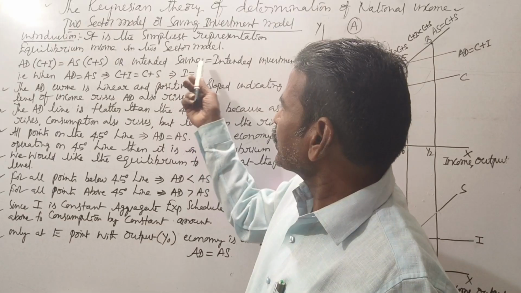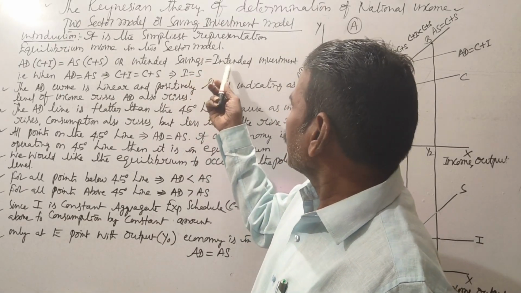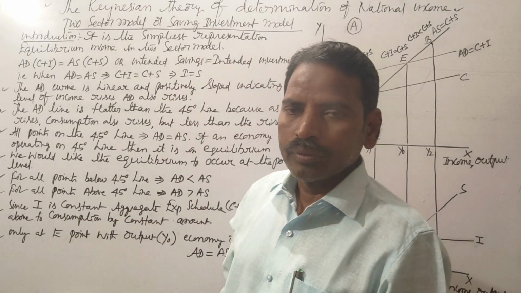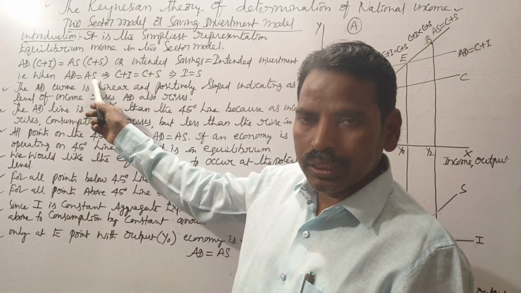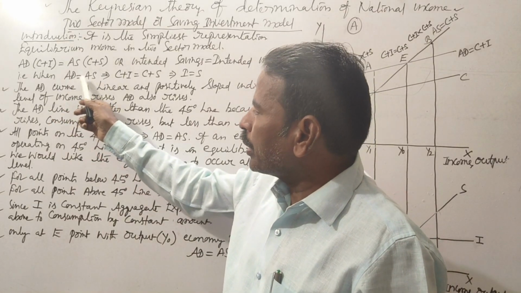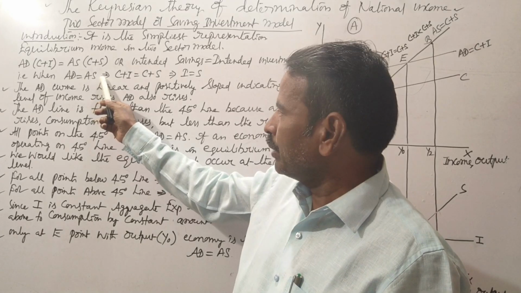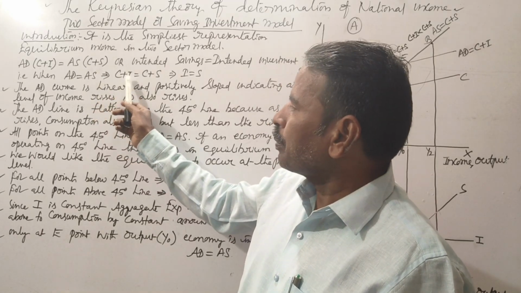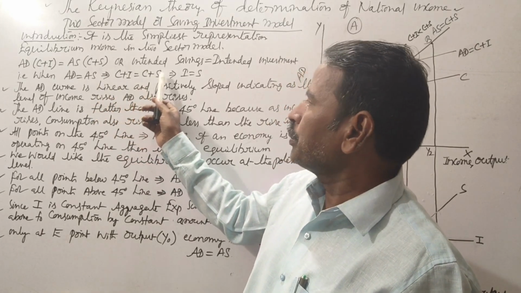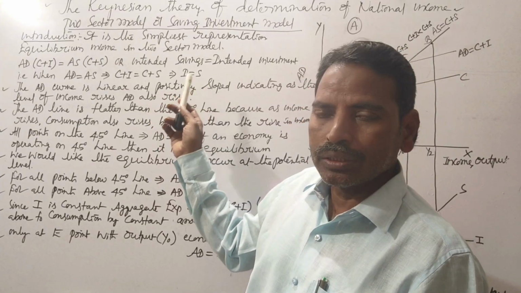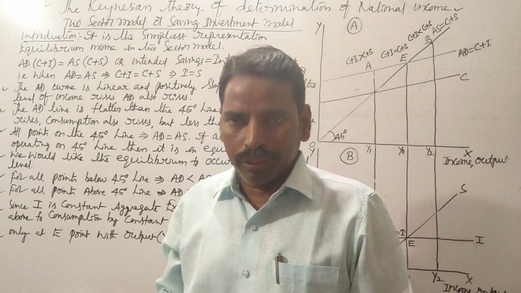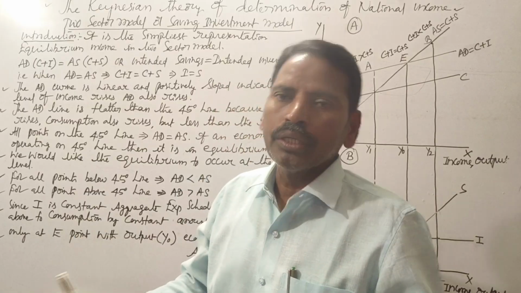That is, when AD is equal to AS, C plus I is equal to C plus S. Therefore, I is equal to S, investment is equal to savings.